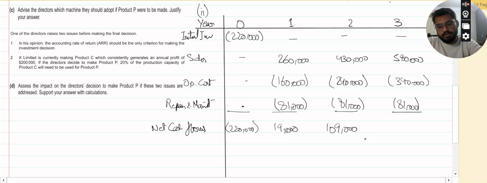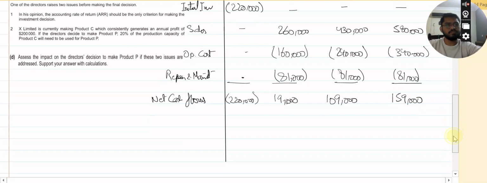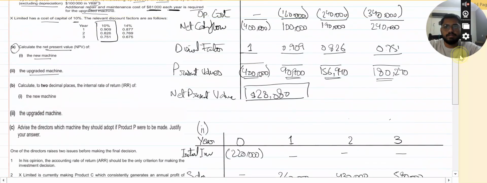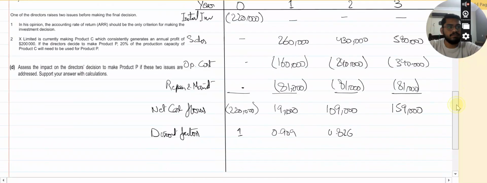Then we have 580 minus 340 minus 81. So we have $159,000. Again, we will multiply this number with the discount factors given over here. This is 1, this is 0.909, 0.826, and we had 0.751.